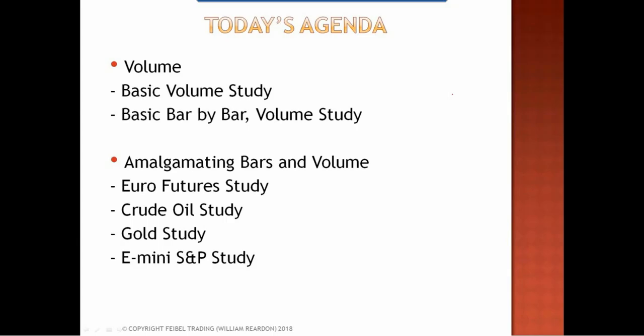It's measuring the total number of transactions, how many shares or contracts are being traded within an individual price bar for a certain period. Obviously the period being the time frame. A 1 minute chart, for example, shows 1 minute's worth of activity. And a daily chart provides 24 hours of activity per bar.